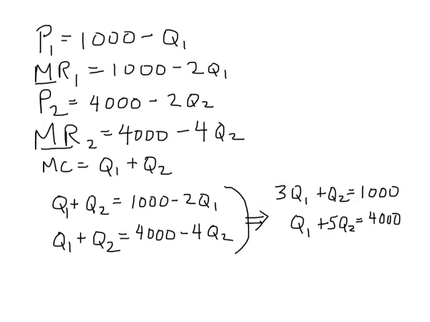And what I'll get is negative 15 Q1 minus 5 Q2 equals negative 5,000.